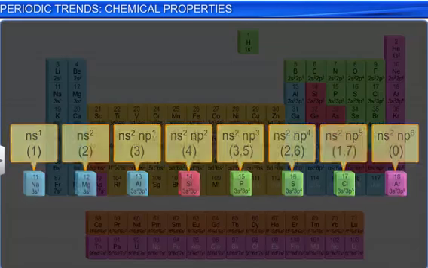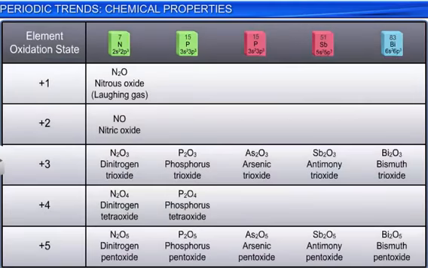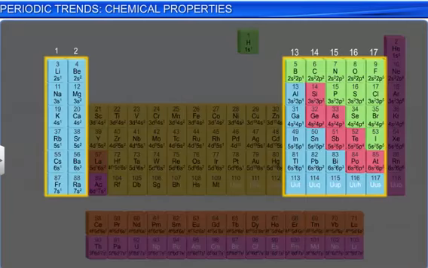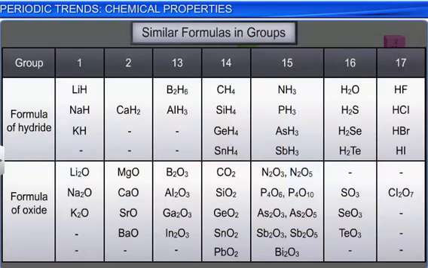The number of oxidation states, however, is the individual property of each group. You can observe periodic trends in the oxidation states of elements based on the formulas of their compounds with hydrogen and oxygen. As true for oxidation states, all the elements in a group of the periodic table show similar chemical properties.